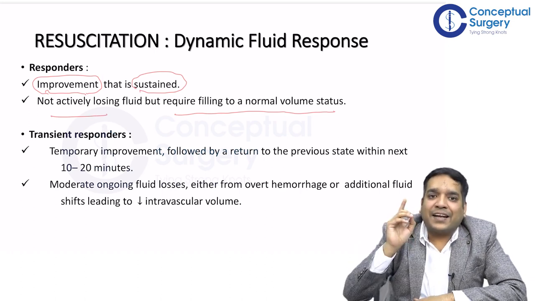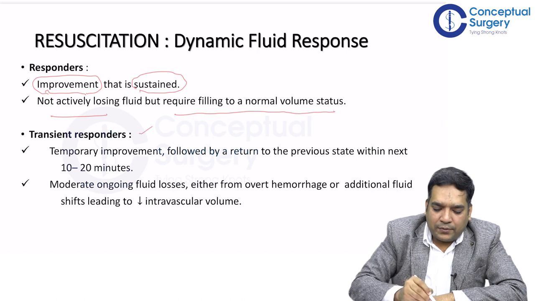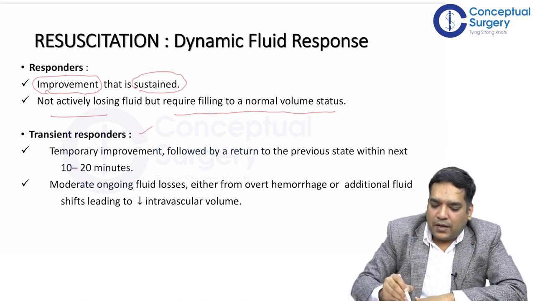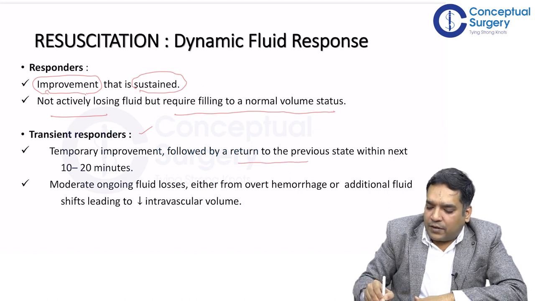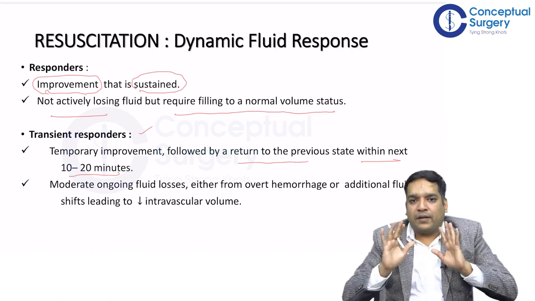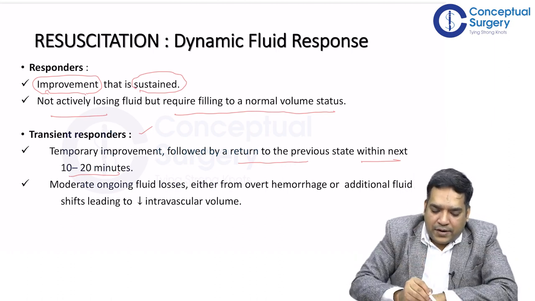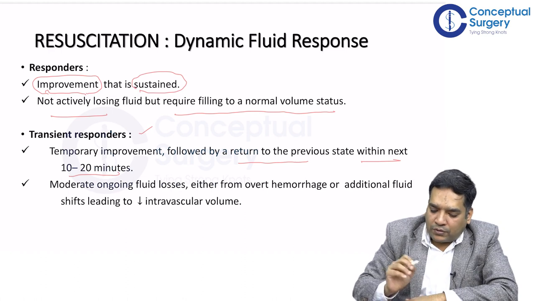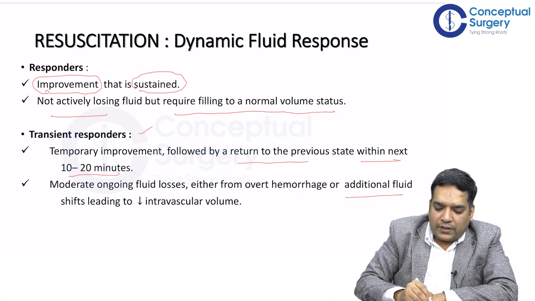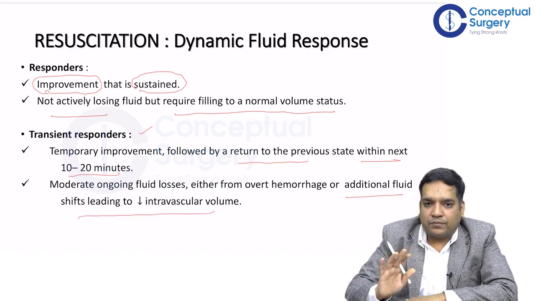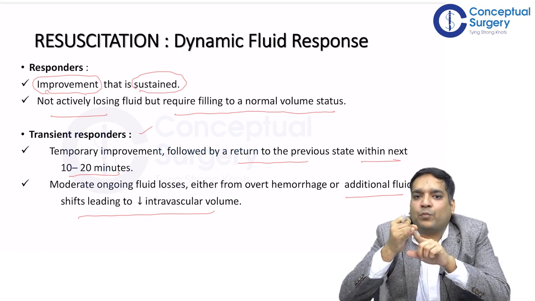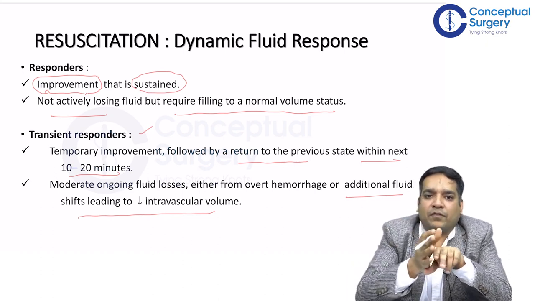Next category is transient responders. Basically there will be a temporary improvement in their CVS responses followed by return to the previous state within the next 10 to 20 minutes, right? So improvement is temporary, right? These patients will have moderate ongoing fluid losses either in the form of overt hemorrhage or additional fluid shift which leads to decreased intravascular volume, right? So either there could be a hemorrhage or there could be shifting of fluid leading to decreased intravascular volume.